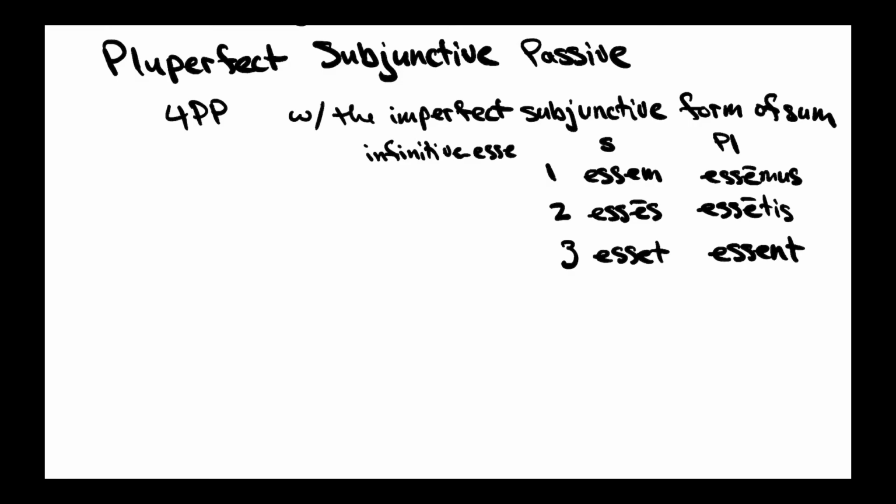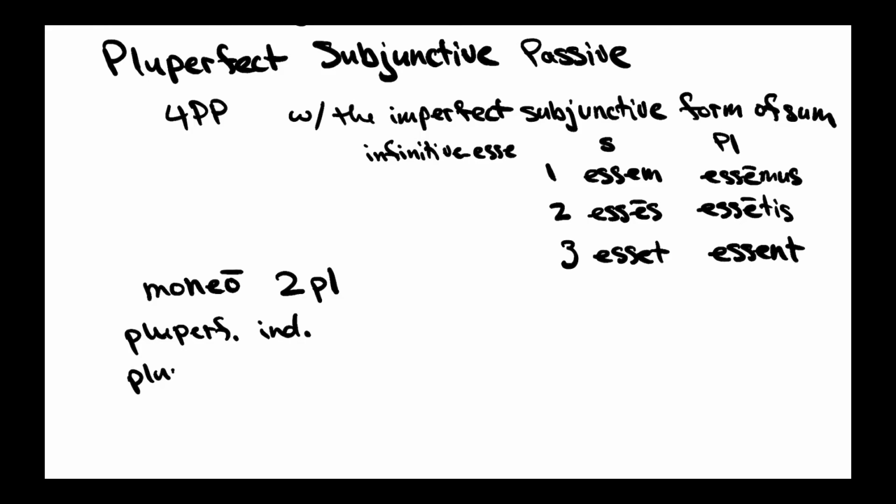So we'll do moneo again. Second person plural. Do our comparison. And again, passive. And you make the same move in the indicative as you do in the subjunctive.